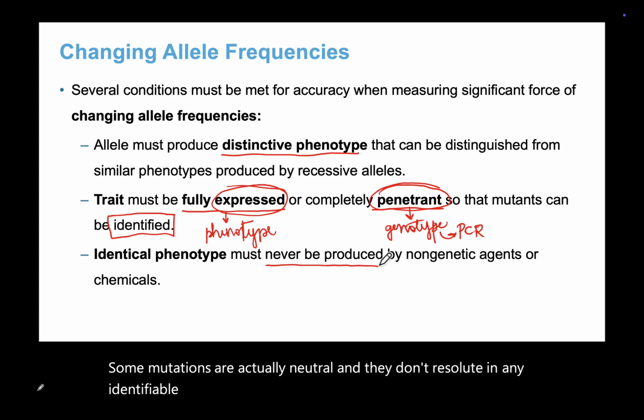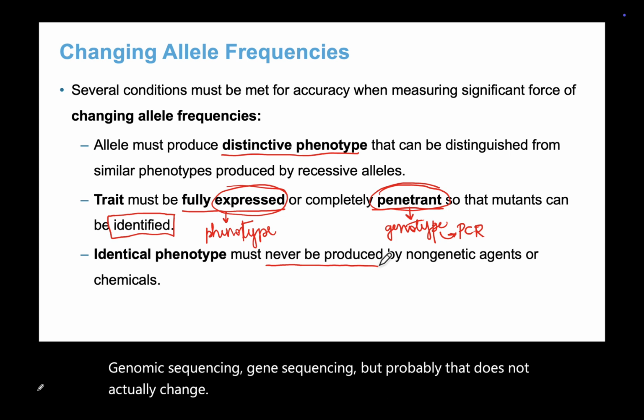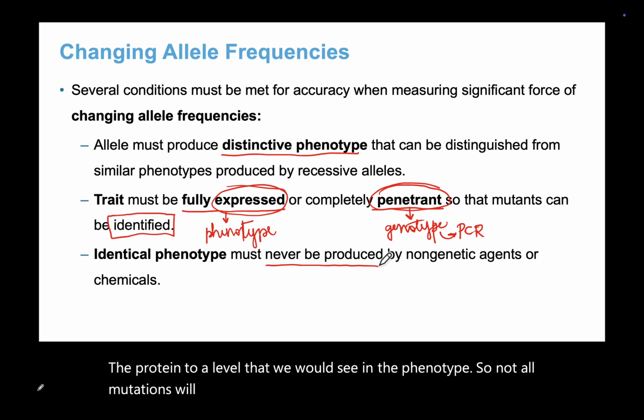We can perhaps identify that the mutation is there by doing genomic sequencing, gene sequencing, but that probably does not change the protein to a level that we would see in the phenotype. So not all mutations will lead to gain of function or loss of function, okay?